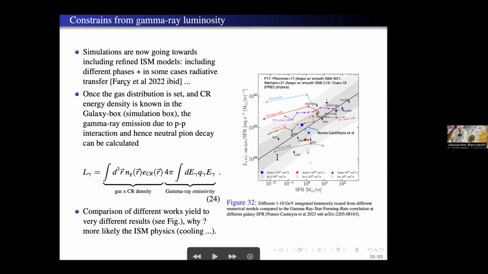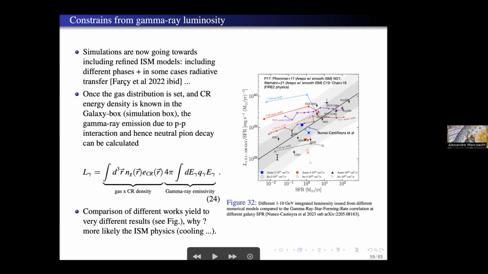And here are more or less all the different groups, with the different references in the paper that compared them. You see a huge dispersion in the expected gamma rays predicted by the different groups, so there is some discrepancy.